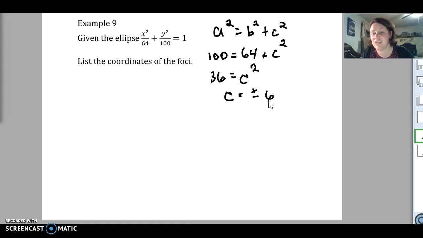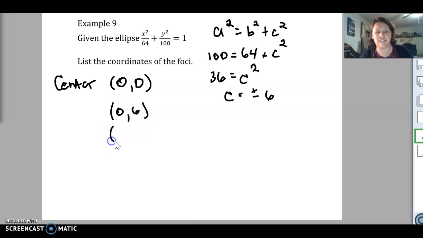So now we need to know what the coordinates are from that. Our center is at (0, 0). And so y is going to be affected by our c. Our foci are going to be on the y-axis. So we're going to have (0, 6) and (0, negative 6) for our foci points.